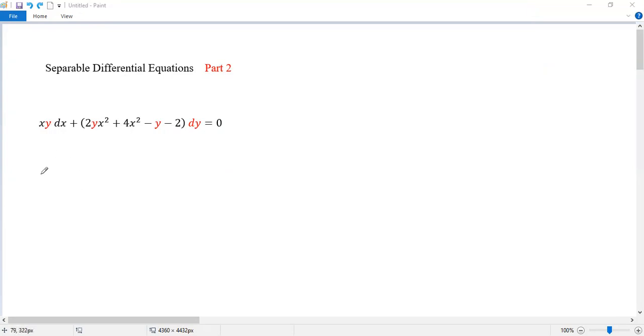So the first part is xy dx, and the second part can be simplified, can be factored. If we look here at the first one, I can take 2x squared out as a common factor.